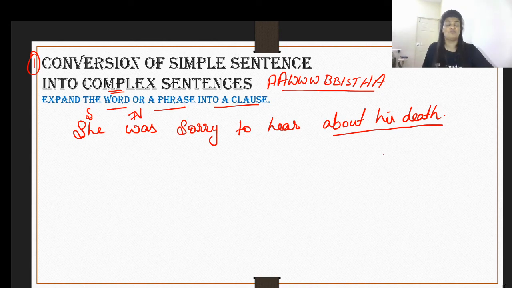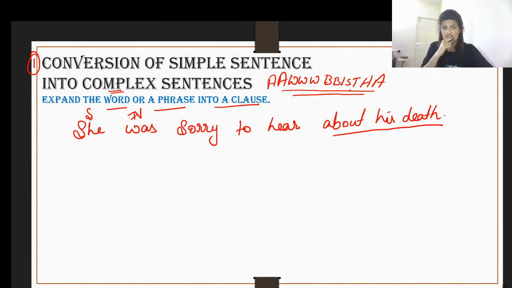This is our prepositional phrase. We convert this prepositional phrase into a clause by introducing any one of these conjunctions. Now the question is, what could you possibly do over there? About his death. What can we do to make that a clause? What can we bring in there? She was sorry to hear about his death.